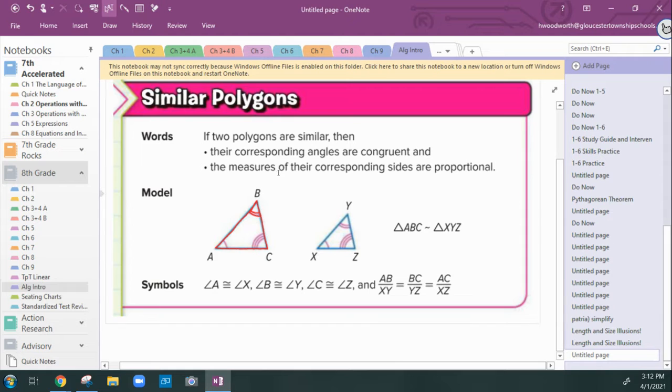So if I take angle B and drag it over here, it's the same exact angle as angle Y. Now check out angle C over here. Find angle C. See that bottom right corner there? If I take it over here and put it on top of Z, it fits perfectly. If I look at angle A, everybody check out angle A, and I slide it over, it fits perfectly on top of angle X. Okay, so those corresponding angles remain congruent while the side lengths change.